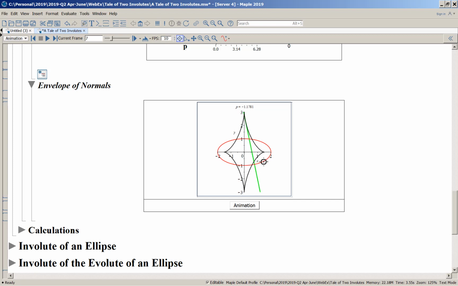And I'm looking at the principal normals drawn in the fourth quadrant on the ellipse. Notice that the green line is tangent to the evolute. The evolute's in black. It's tangent to the evolute. So there is a family of these normal lines.